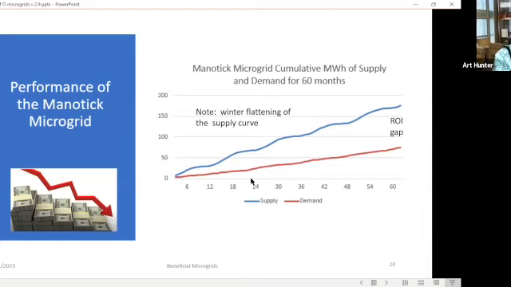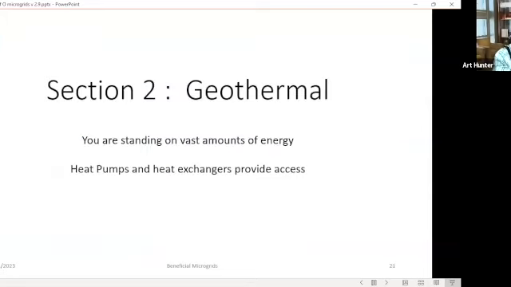I'm surprised it's that linear, whereas the supply, you can see it flattens out in the winter, and it picks up and produces a lot in the summer, and so that's what the irregular shape and nonlinearities are. And of course, I call the gap between them the return on investment, and I'll talk more about that.